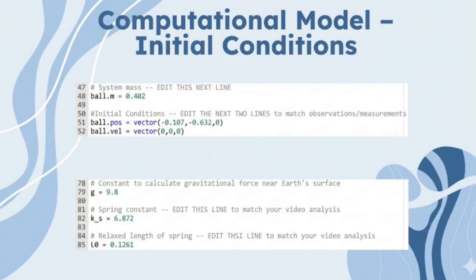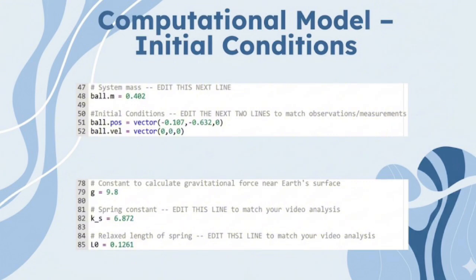In GlowScript, I initialized the mass and position to match my Tracker observation. To calibrate the model, I calculated the spring constant, K sub s, by measuring the time of three oscillations in the y direction, yielding a period T of 1.52 seconds.